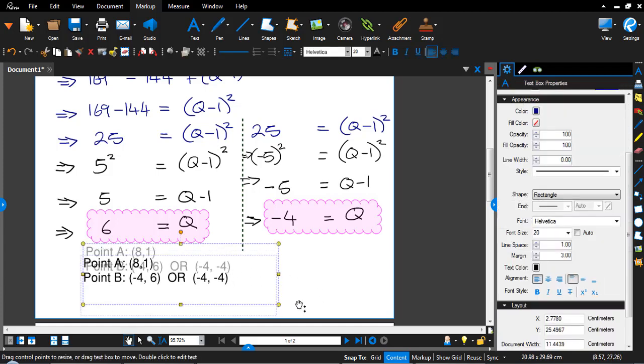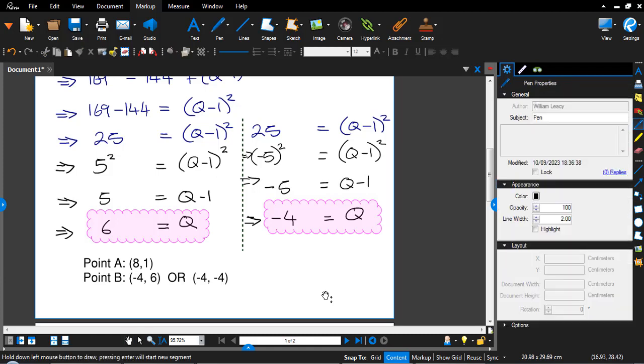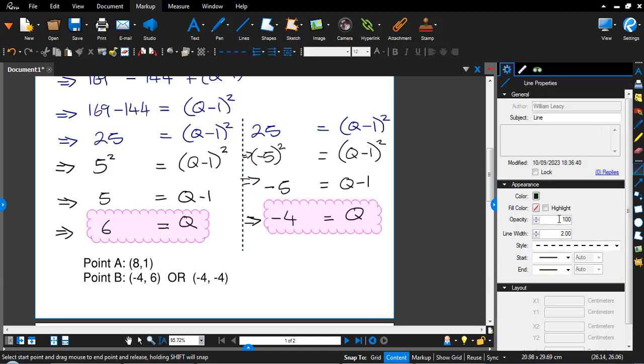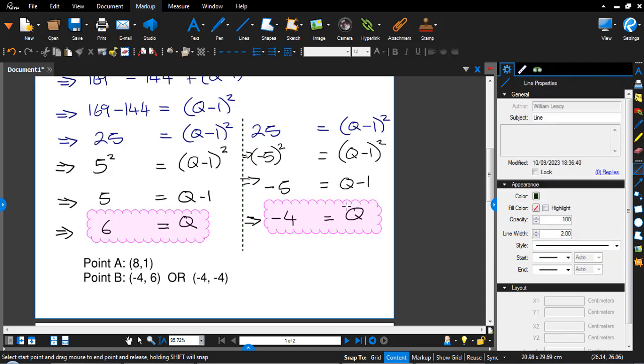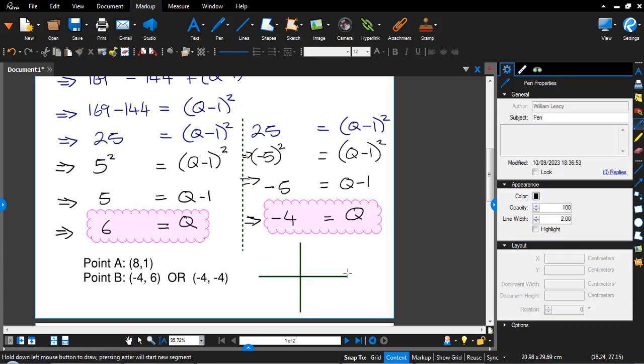In reality, I'll just draw this for you super quick. You're going to have your x and your y axis, and they go on forever. That's what x and y mean.